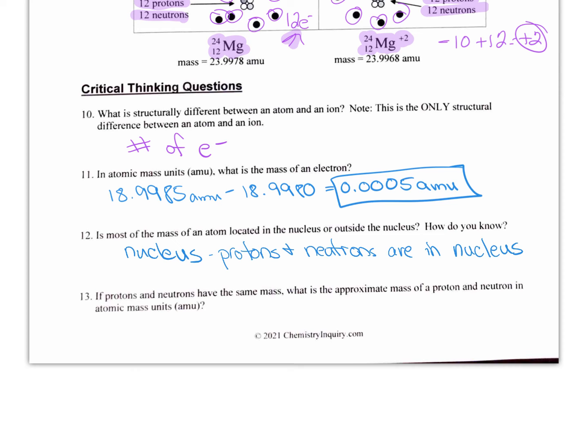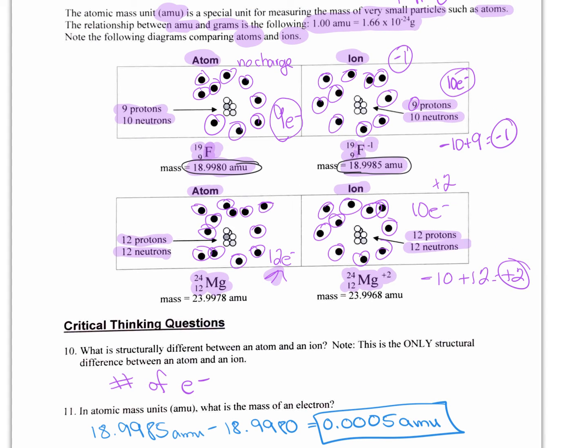Okay, so number 13. If protons and neutrons have the same mass, what is the approximate mass of a proton and neutron in atomic mass units? So they're saying their mass is the same. So let's go back up and look at fluorine. Fluorine, the mass is 18.99, and I've got 9 protons and 10 neutrons.